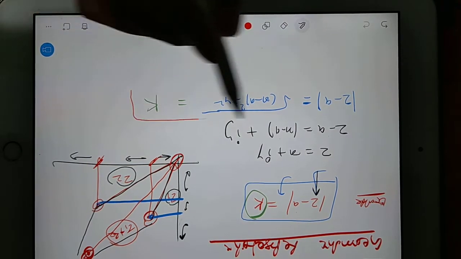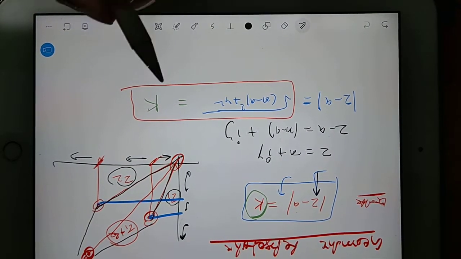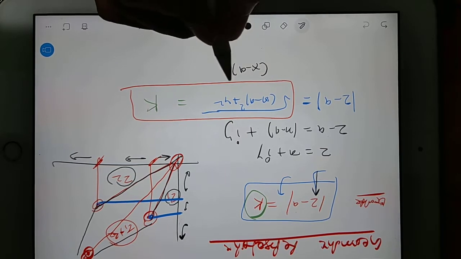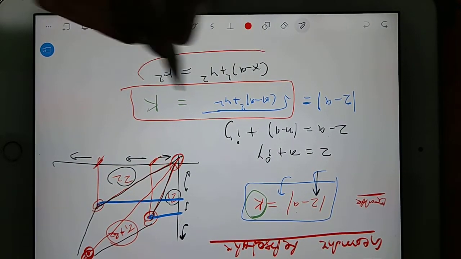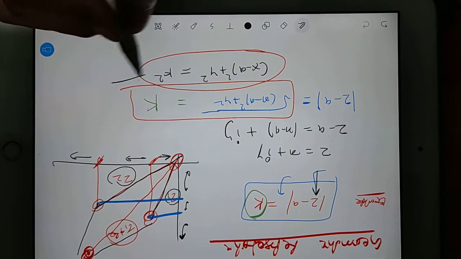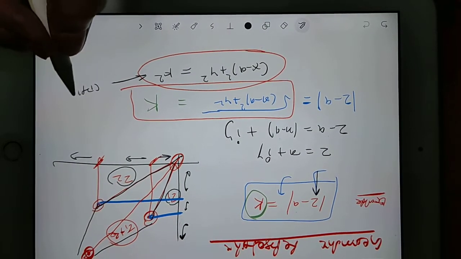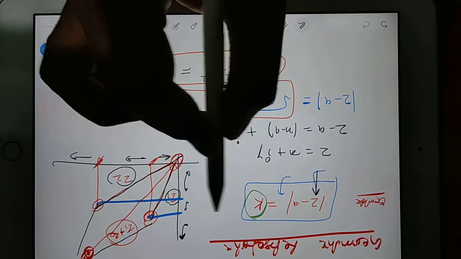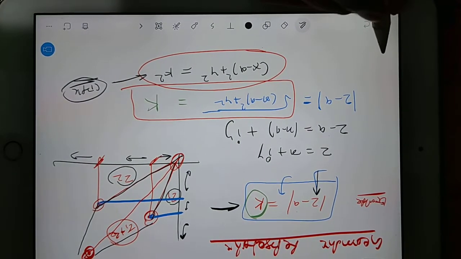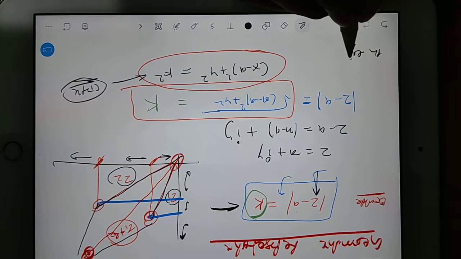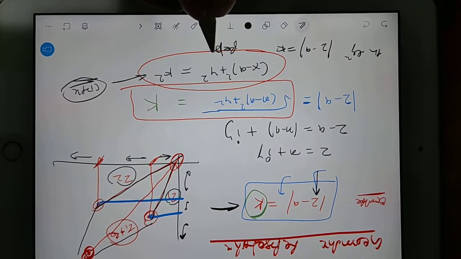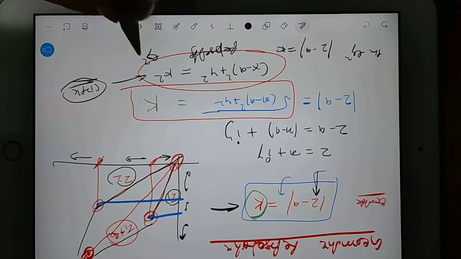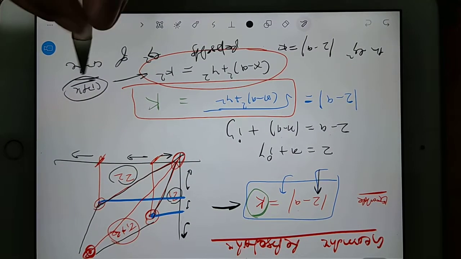If you bother only about this, square every side. So x minus a whole square plus y square is equal to k square. You know, whenever we have this kind of format, in geometry it represents a circle. So this equation is representing the locus of a circle. So the equation mod of z minus a is equal to k represents the equation of a circle.